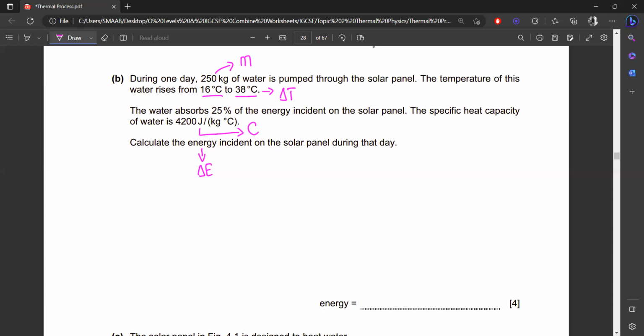So the formula for specific heat capacity is the amount of heat required to increase the temperature of unit mass by 1 degree Celsius or 1 degree Kelvin, right? You may write delta T or delta theta for the temperature. So all quantities will multiply on the left hand side. c m delta T is equal to delta E. So you just need to multiply the quantities.